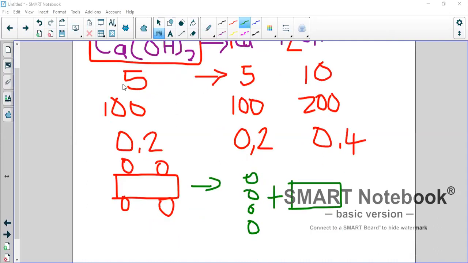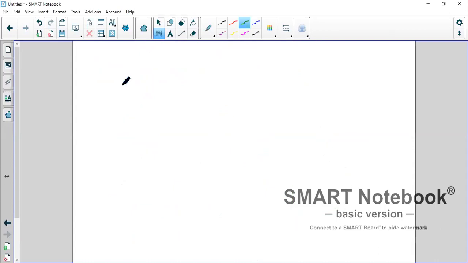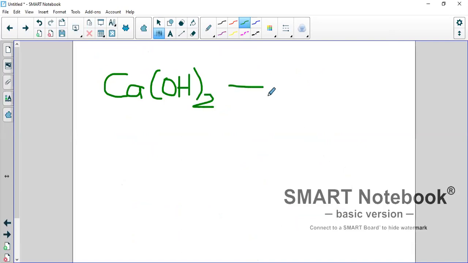If I've got, let's say, Ca(OH)2, and I have 5 moles here, it means I'm going to multiply my 5 with my Ca, which is going to be 5 Ca2+.